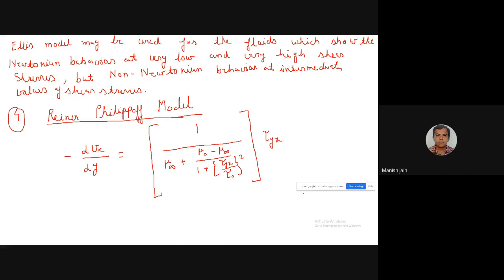Okay. So in this model, this is a 3-parameter model.